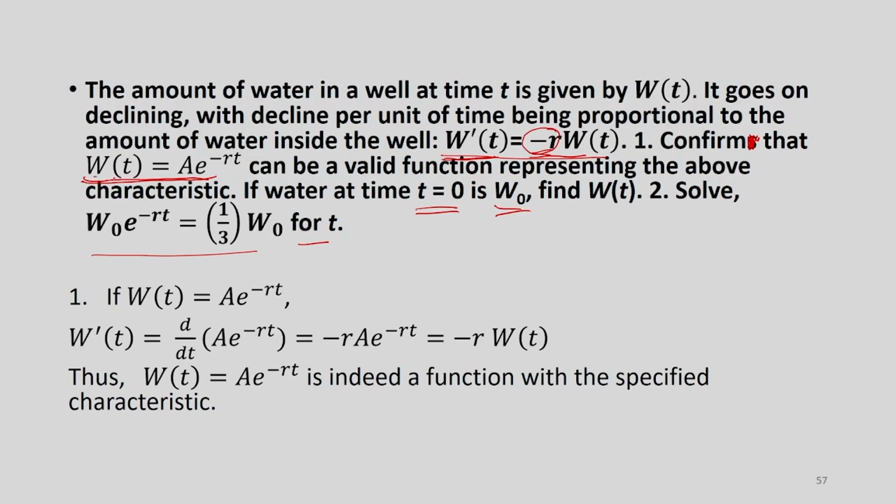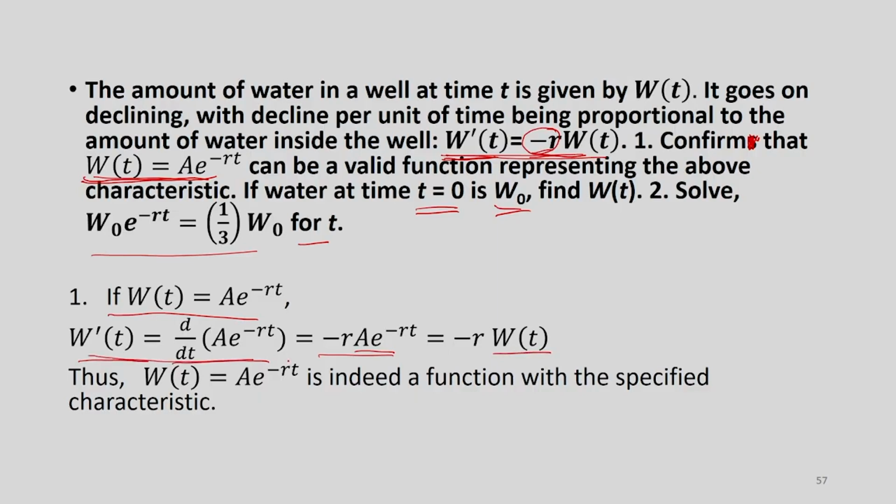Now this form W(t) is equal to A, capital A, e to the power minus Rt, this is given to us. So to ascertain whether this particular function is following this characteristic, we have to first find out what is W'(t), that is the left hand side. That is easily found out, d/dt of W(t), and that gives me minus R multiplied by A e to the power minus Rt, and A e to the power minus Rt is nothing but W(t).